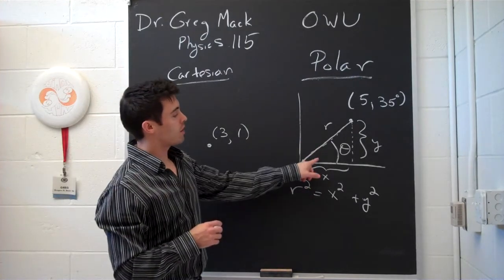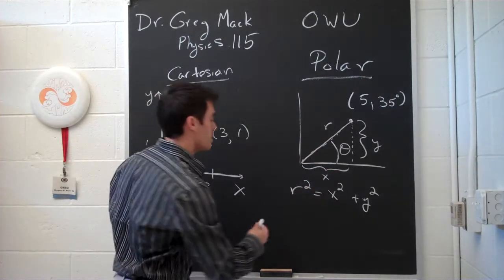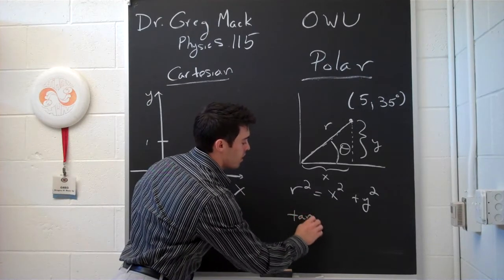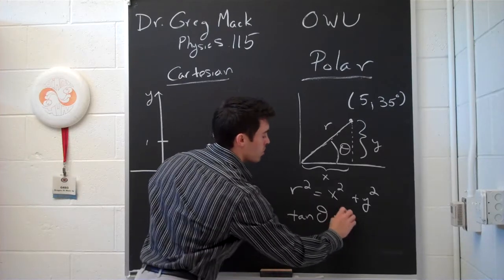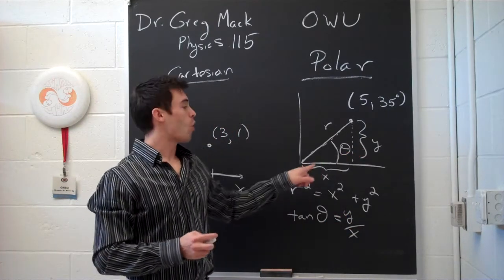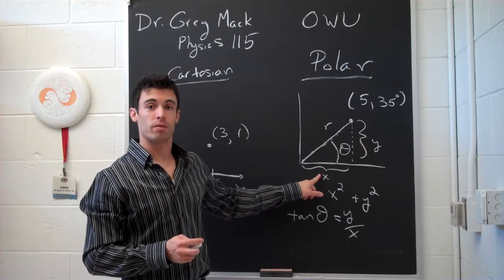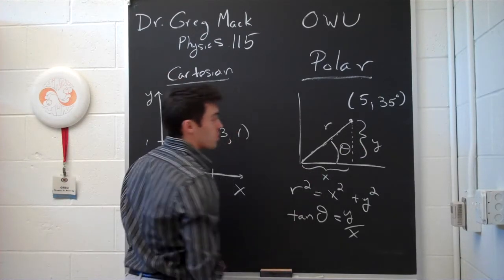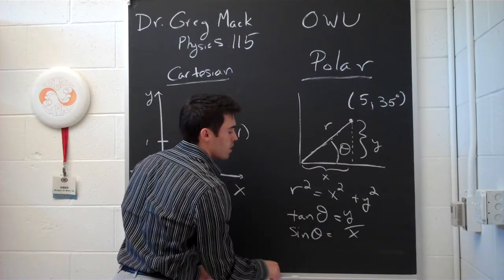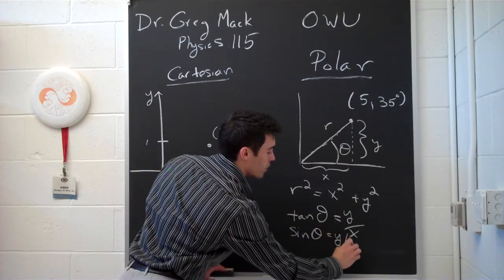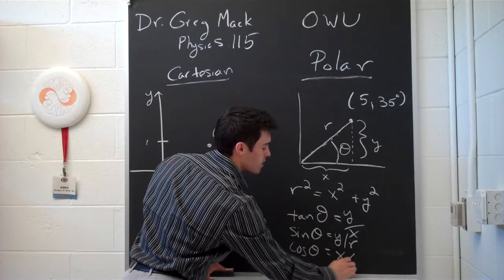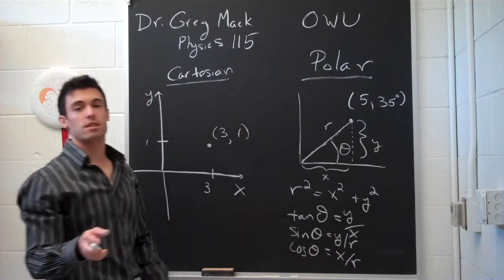The other thing that lets us relate this with the angle is to remember our trig function relationships, where tangent of theta is equal to y over x, or the opposite side over the adjacent side. The other relationships here would be sine theta, which would be y over the hypotenuse, and cosine theta, which is x over the hypotenuse, in this case.